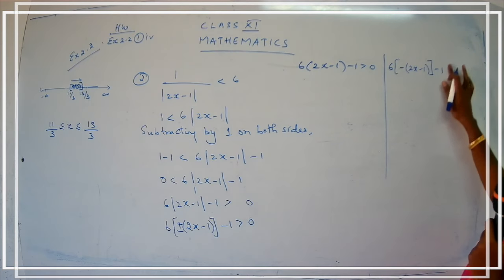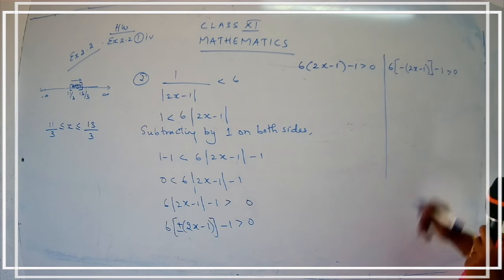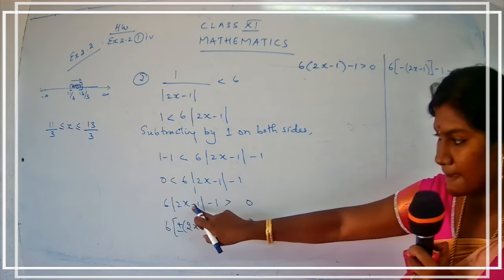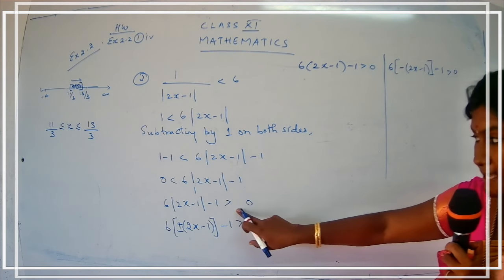Sorry, greater than 0. Be careful, children. I am just splitting the sign. What I have got is 6 modulus 2x minus 1, minus 1 greater than 0.